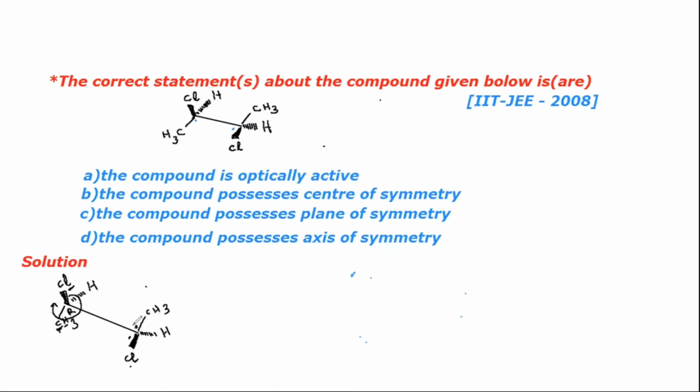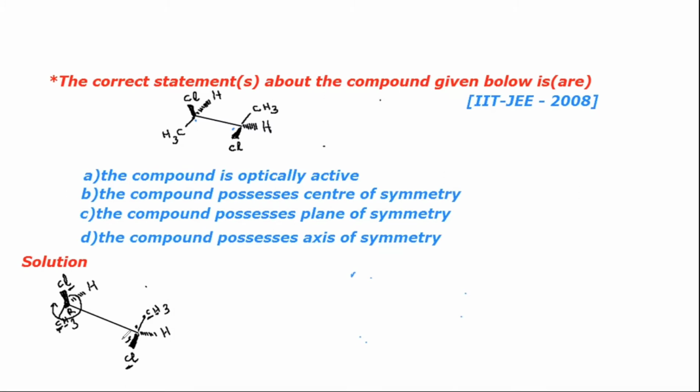Similarly, on this carbon, check the priority. Cl is given first priority due to more atomic number. Then in this group and in this group, the first atoms are carbons only, and the second atoms are hydrogens here. And on this carbon, the second atom is Cl, which has more atomic number. So this group is given second priority. Methyl is given third priority.